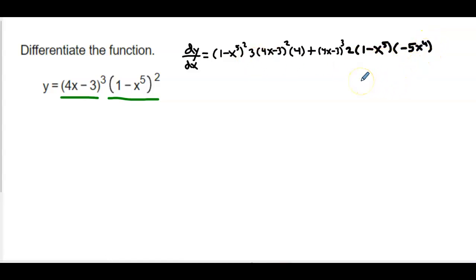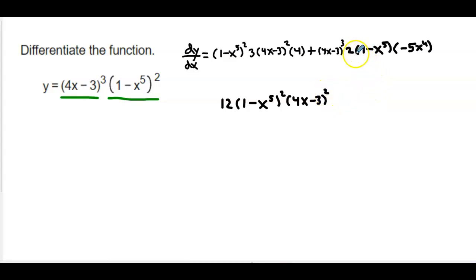Now, as far as what you've got to do before inputting it into MyLab Math, all you really have to do, at the least, I would say, is combine these coefficient factors. So you've got a 3 and a 4, which makes 12. We'll put that out front. We've got here 4x minus 3 squared still.